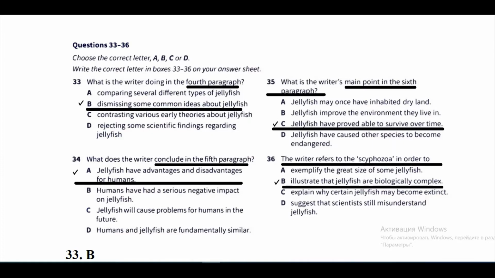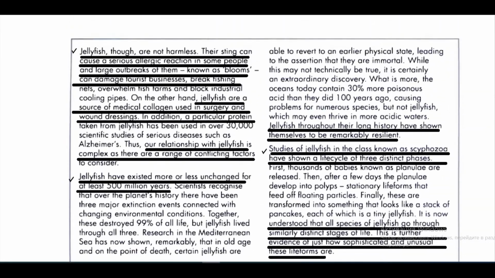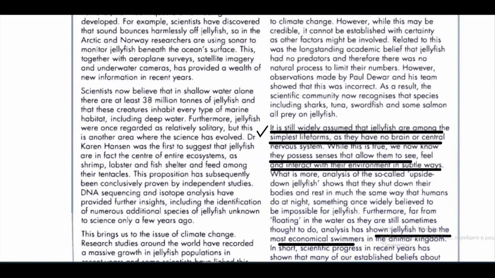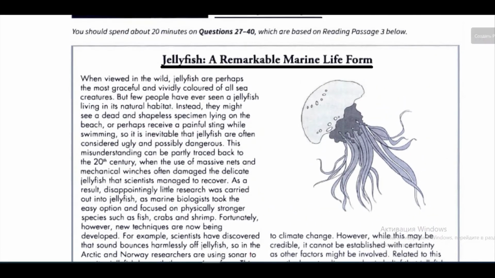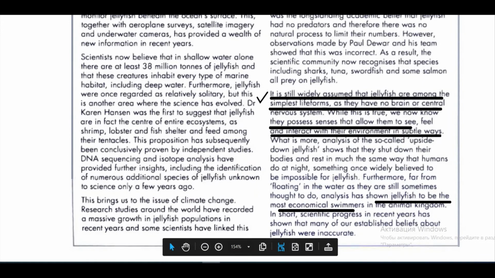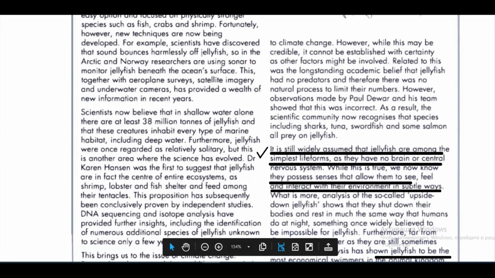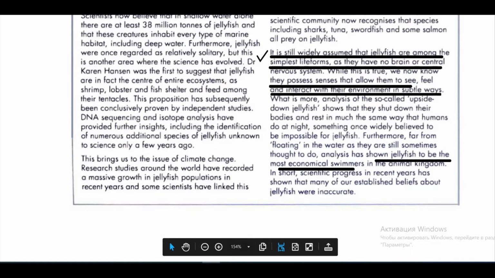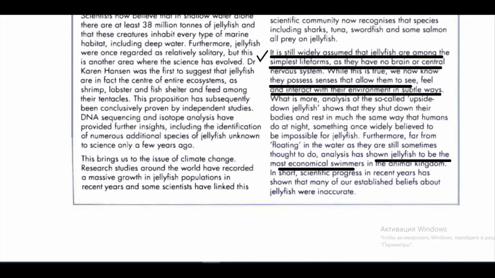Let's go to the fourth paragraph. Here it is, first one, then second, then third, and the fourth one is here. So let me read it for you. It is still widely assumed that jellyfish are among the simplest life forms as they have no brain or central nervous system.